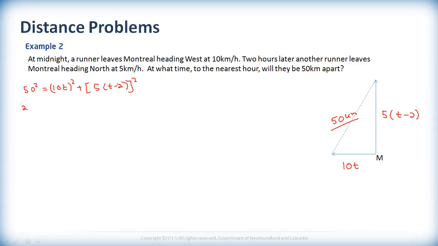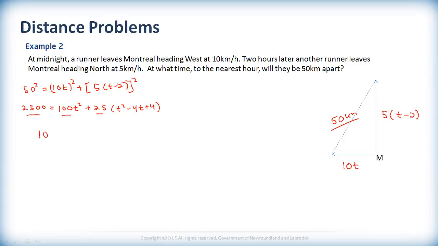So 50 squared is 2500. And 10t squared is going to be 100t squared. Plus 5 squared is 25. And t minus 2 squared is t squared minus 4t plus 4. Before I go any further, I'm going to divide all this by 25 and make it look a lot nicer.